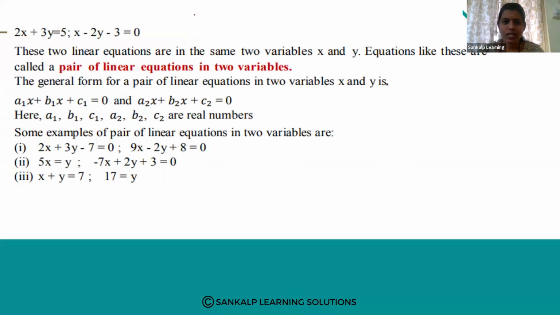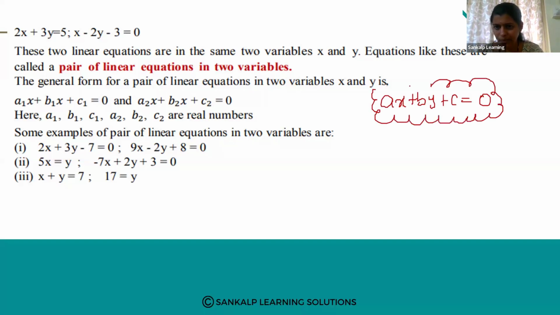Pair of linear equations in two variables. Here we are considering two examples. So, ax plus by plus c is equal to 0. It is the general form of a linear equation in two variables.